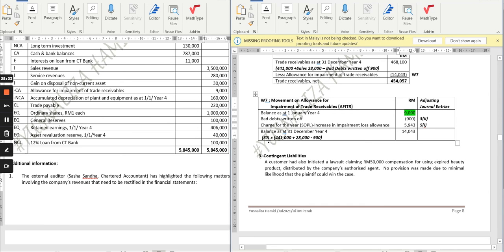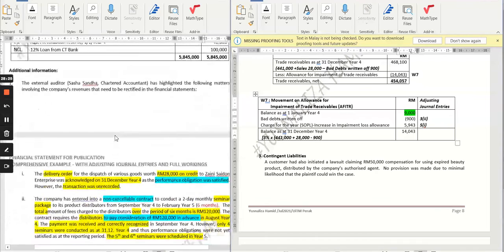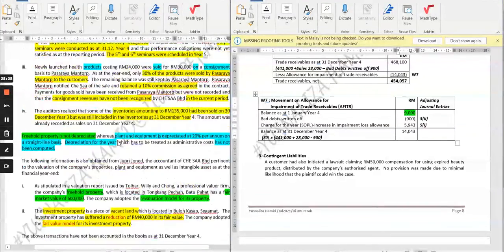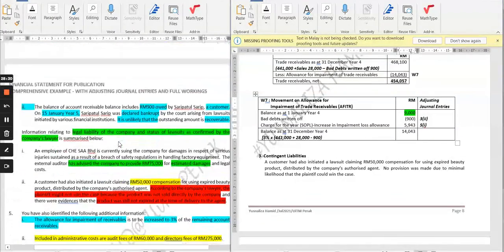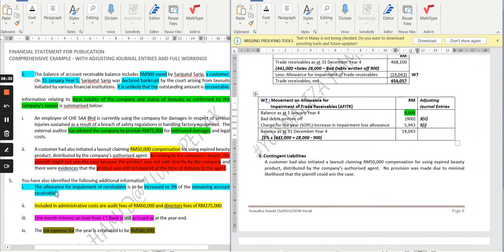And at the end of the year, you are informed in information number 5.1 that the allowance has to be increased to 3% of the remaining accounts receivable. So as at the end of the year, your remaining accounts receivable is 441,000 plus 28,000 minus 900. This 900 is the bad debts.